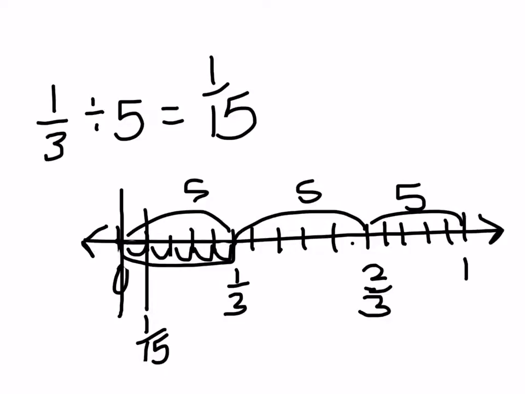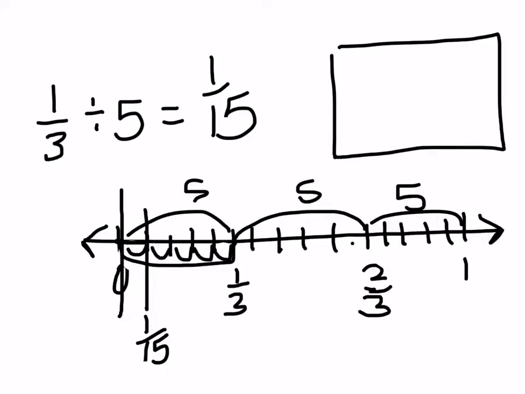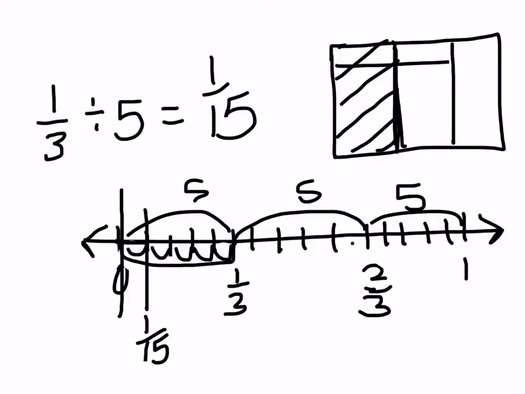I can also show this with an area model, and I'm going to create a rectangle that I am going to divide into thirds. And this is what I'm dealing with, this third right here. That's my 1/3. And it says divide 1/3 by 5. So I'm going to go the opposite direction and divide that into 5 equal pieces.